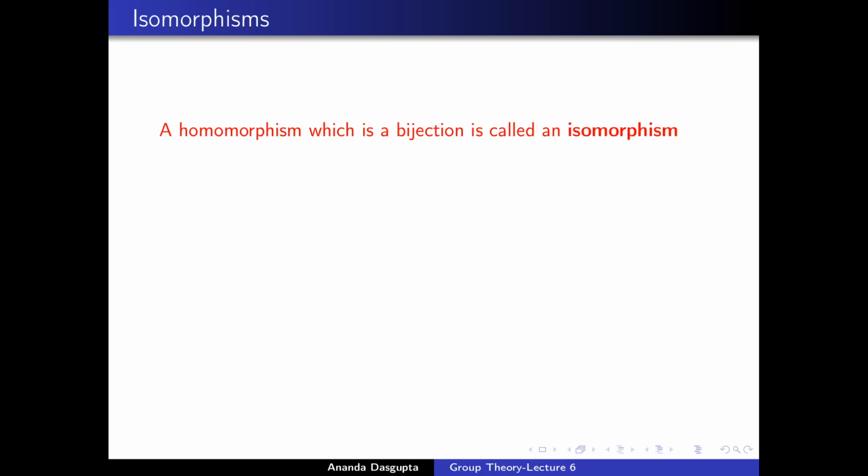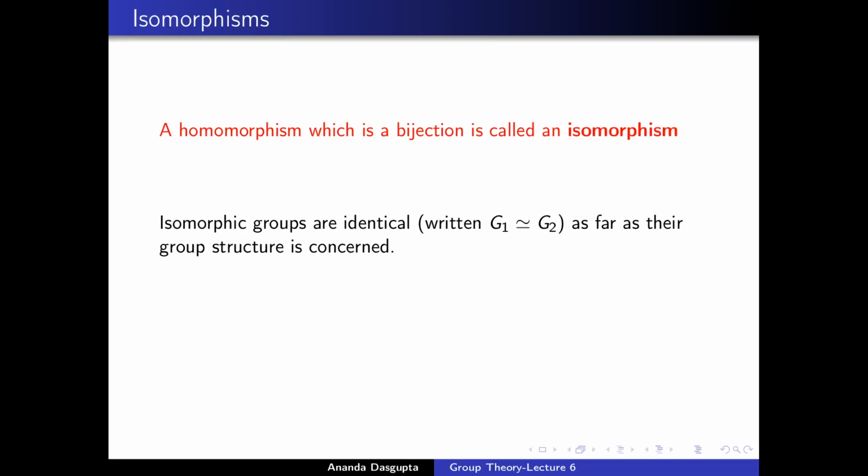As I have been saying, isomorphic groups, which have an isomorphism between them, are identical as far as the group structure is concerned. The elements involved may be very different, the product rule may be different, but as far as the group structure is concerned, apart from relabeling, they are exactly the same.